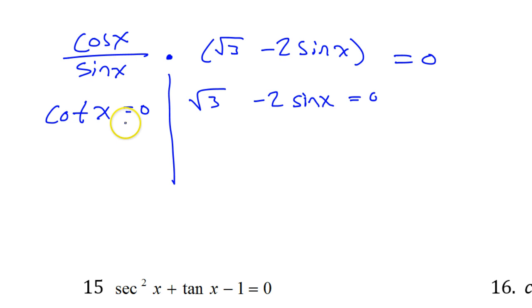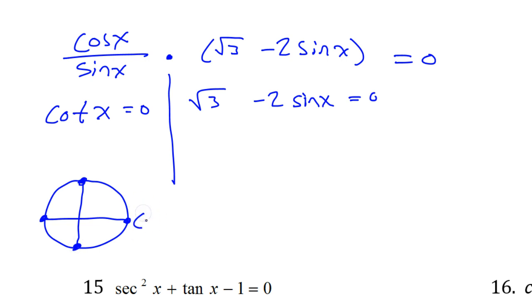If cotangent is going to equal 0, here's my diagram for this. Alright, I'm looking at the quadrantal angles here and here and here and here. This is 1 comma 0. This is 0 comma 1, negative 1 comma 0, and 0 comma negative 1.